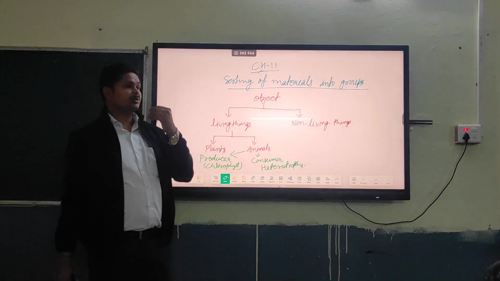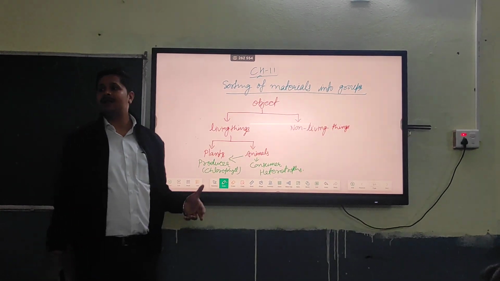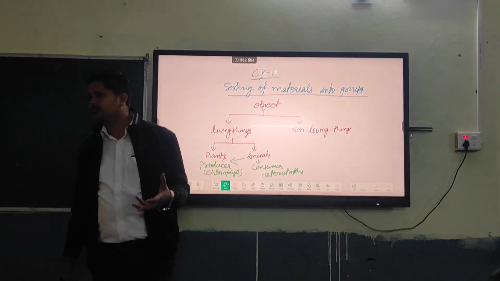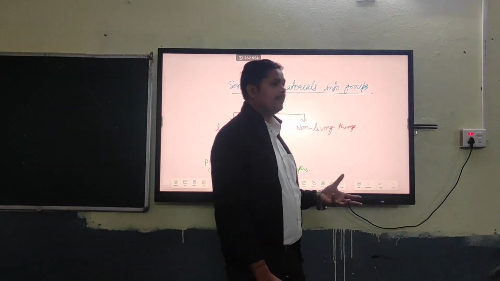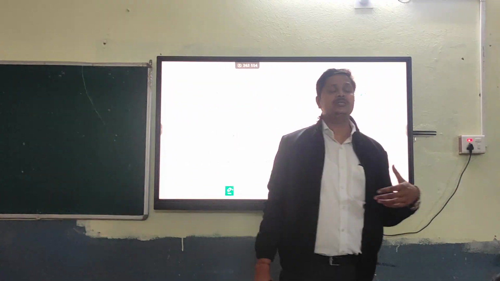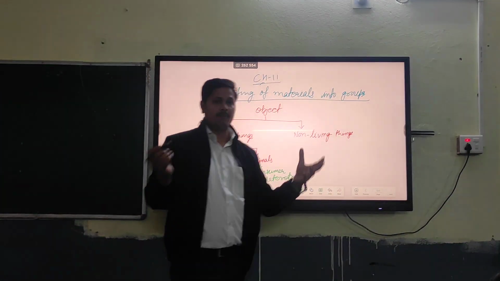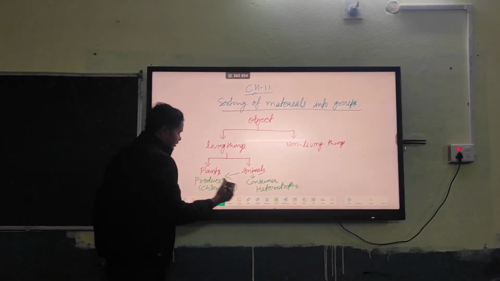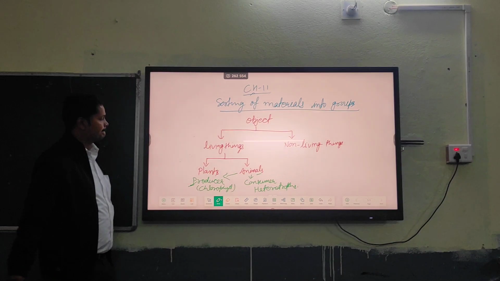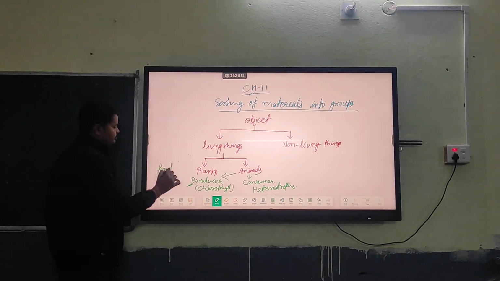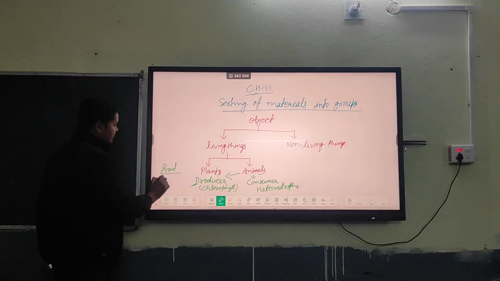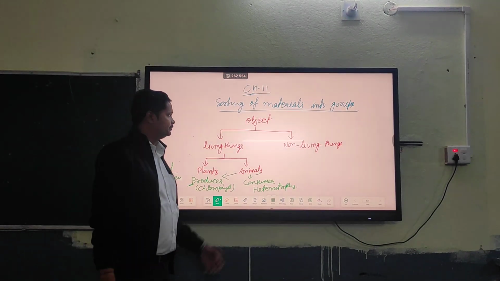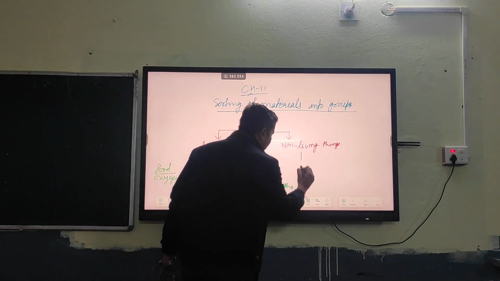During the photosynthesis process, while plants make their food with the help of sunlight, chlorophyll, water, and carbon dioxide, they release oxygen into the environment. So animals get food and oxygen from plants.